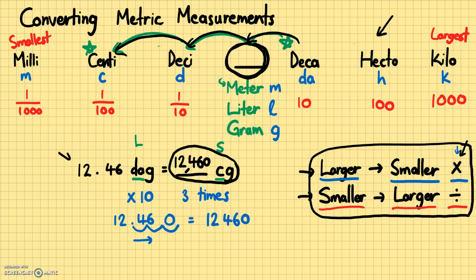An example would be this one right here. This was our original question and this was our answer. The answer is bigger than our original question. So make sure that you're checking that. Is your final answer bigger than your original question? Or in the case when you're going from a smaller to a larger unit, you're dividing. So your answer should be smaller than the question.